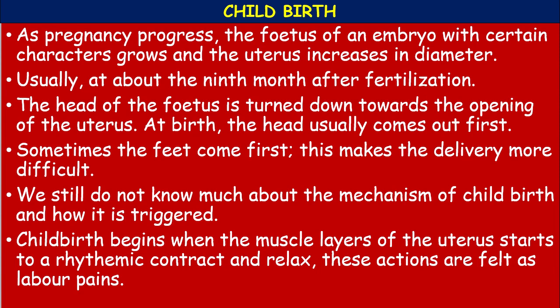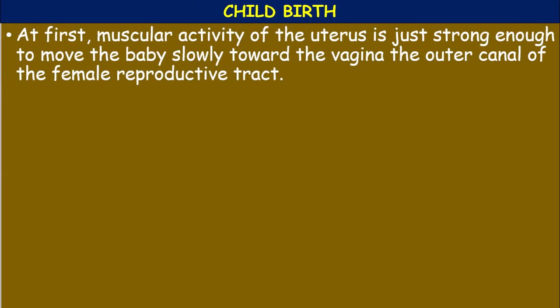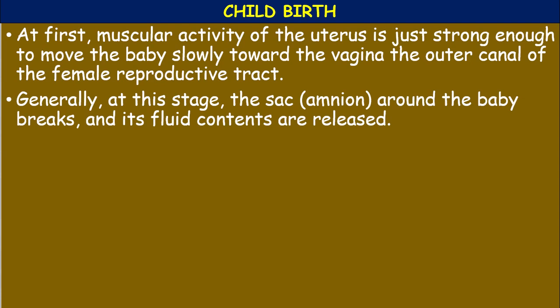These actions are called labor pains. Okay, the contraction is just strong enough to move the baby slowly toward the vagina and the outer canal of the female reproductive tract.